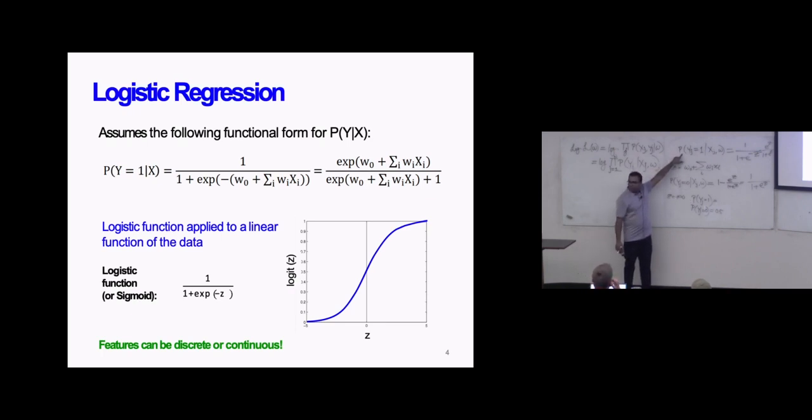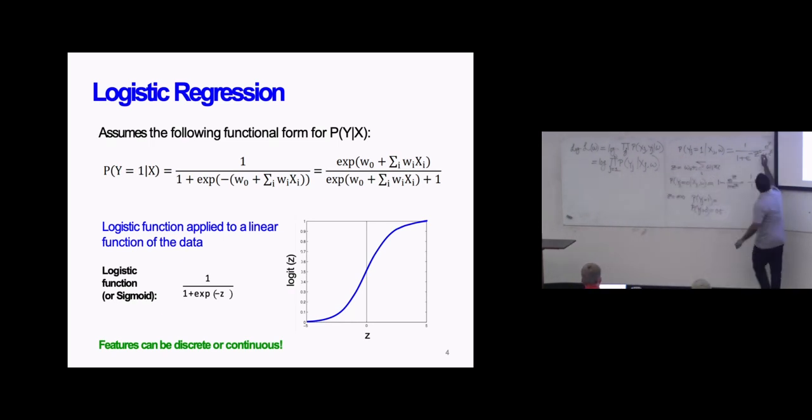Right, because if you just look at this formula, if this is a very high number, that basically means e to the power minus z is like 1 divided by positive infinity, which is equivalent to 0, right?